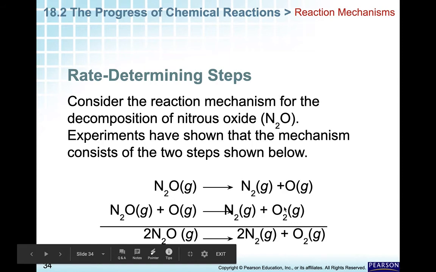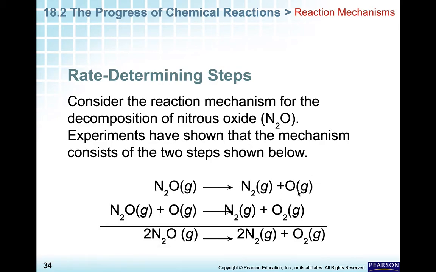So we've got 2 steps here. The oxygen would be an intermediate. It's produced in step 1, it's consumed in step 2. It does not appear in the overall reaction. It only existed as a stepping stone between the steps.